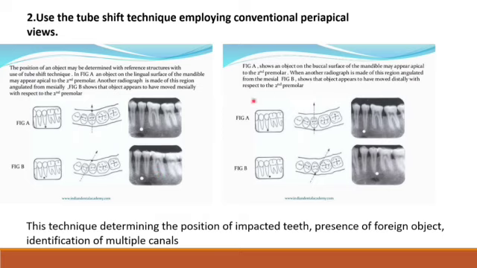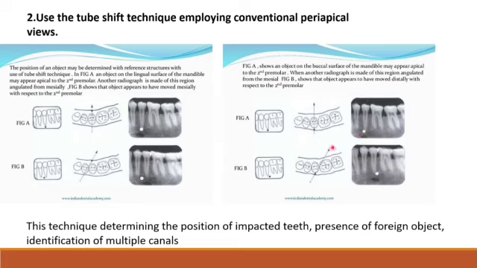So we'll see here, this is figure A. The first image is made by directing the X-ray beam perpendicular to the premolar, and this is the resultant image. We could see the foreign body placed at the periapical region of the second premolar.